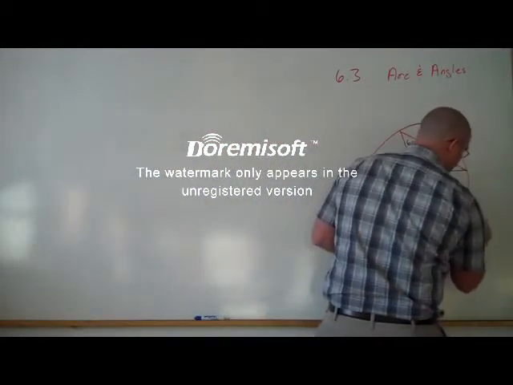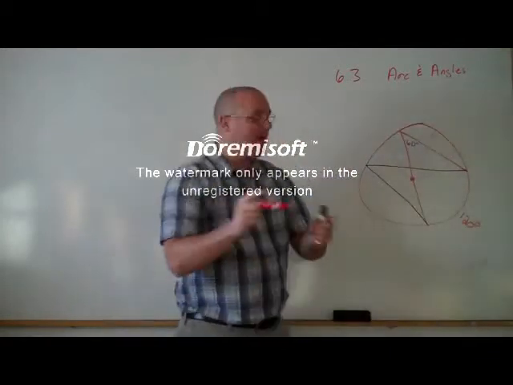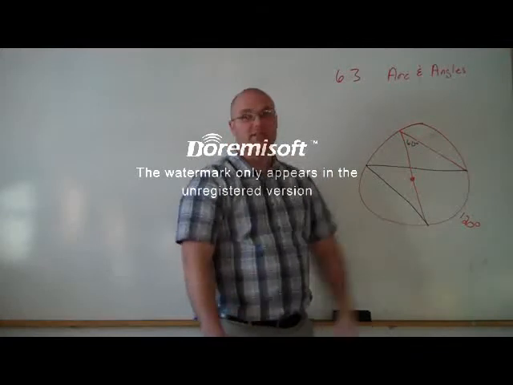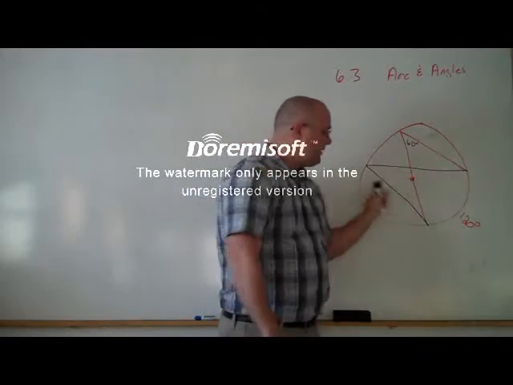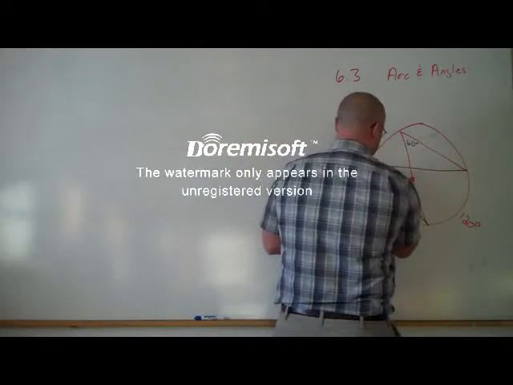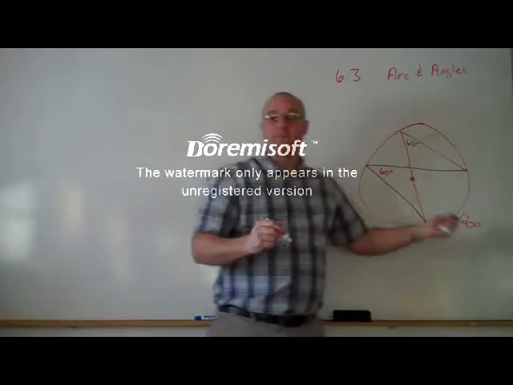If this is 120 degrees, the inscribed angle conjecture says this has to be 60 degrees. Same thing with this one. If this one's 120 degrees, this one has to be 60 degrees.